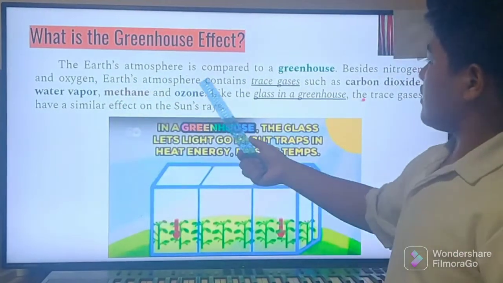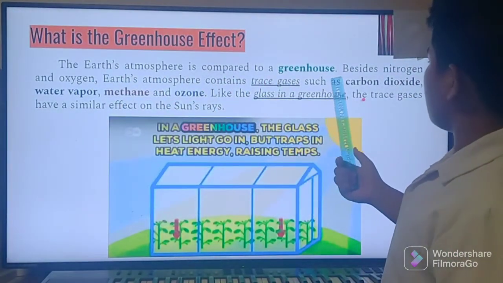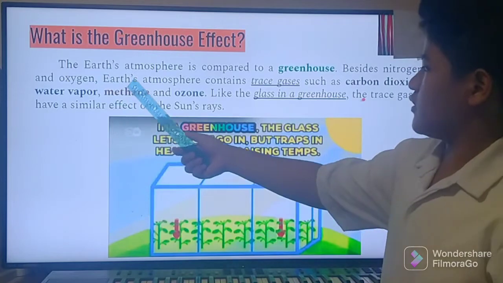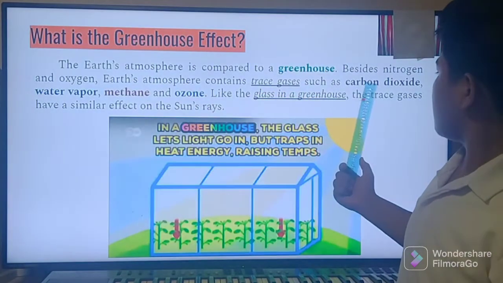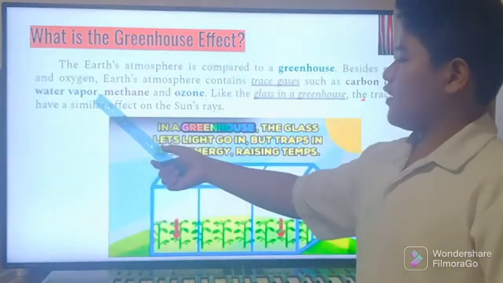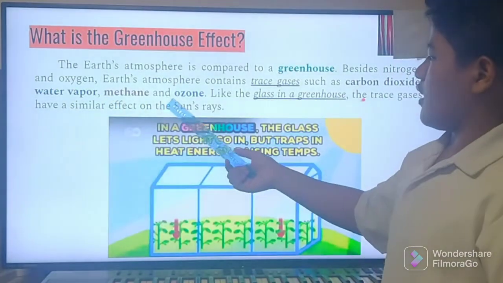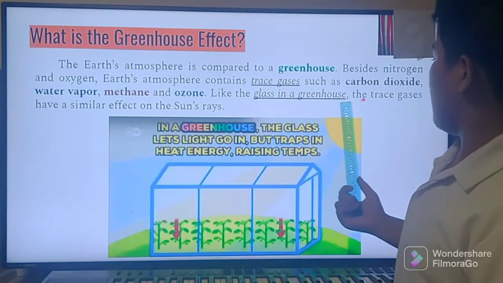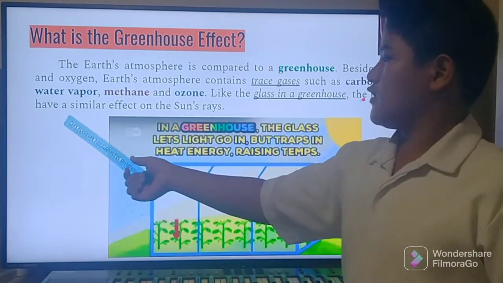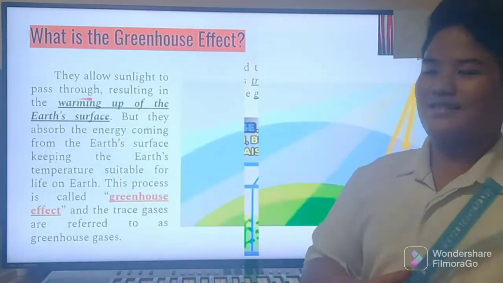the Earth's atmosphere is compared to a greenhouse. Besides nitrogen and oxygen, Earth's atmosphere contains trace gases such as carbon dioxide, water vapor, methane, and ozone. Like the glass in the greenhouse, the trace gases have a similar effect on the sun's rays.